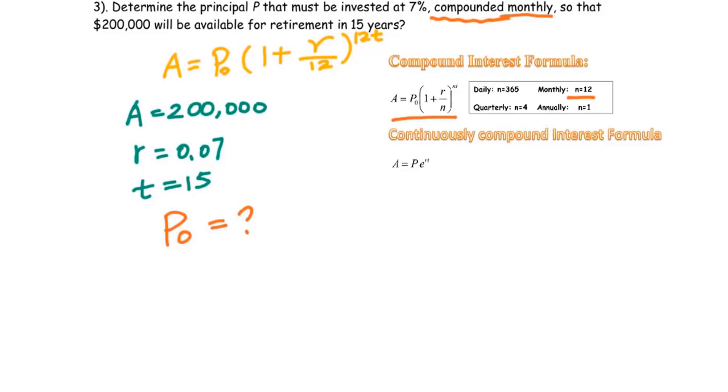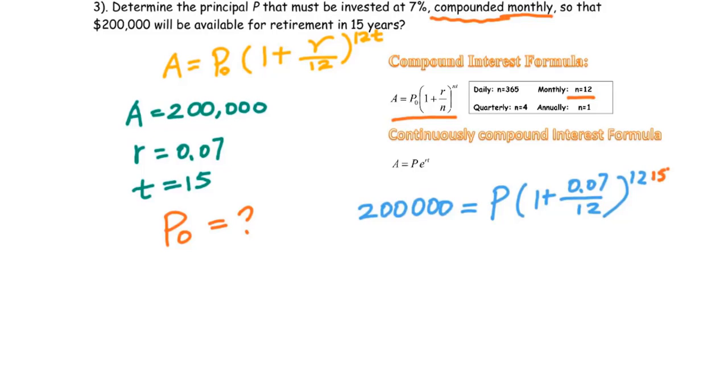Now we plug into this formula. We got 200,000 equals P times 1 plus 0.07 over 12, to the 12 times 15. When you look at this equation, you could see this is a linear function.